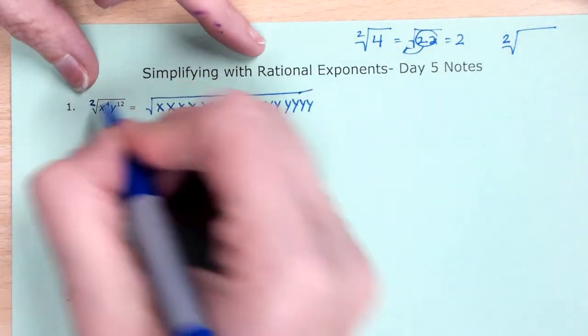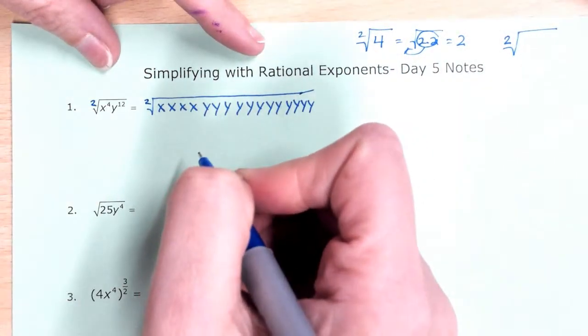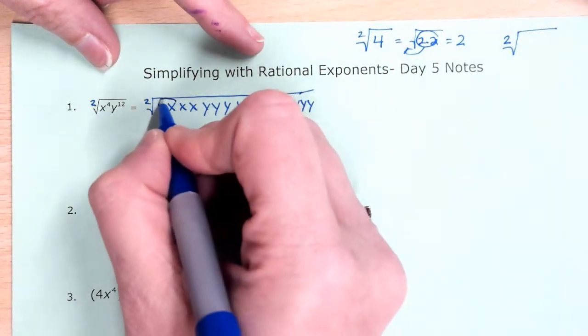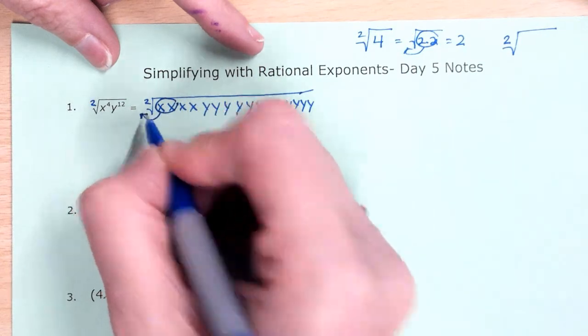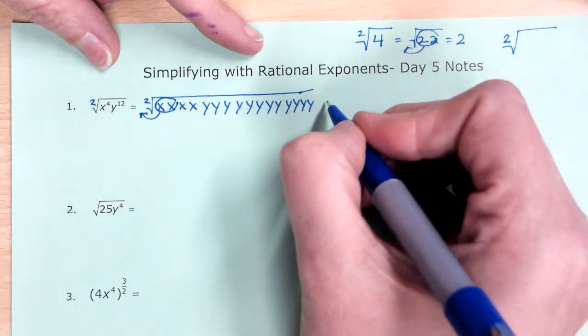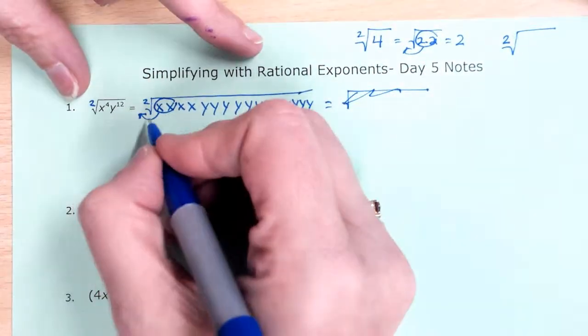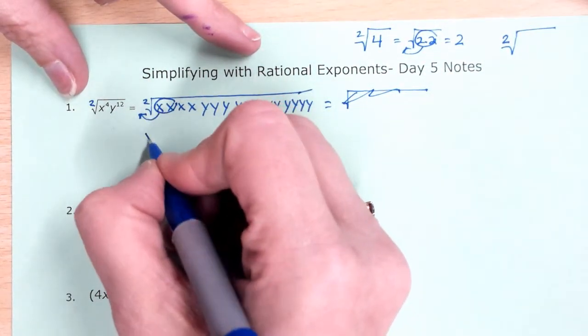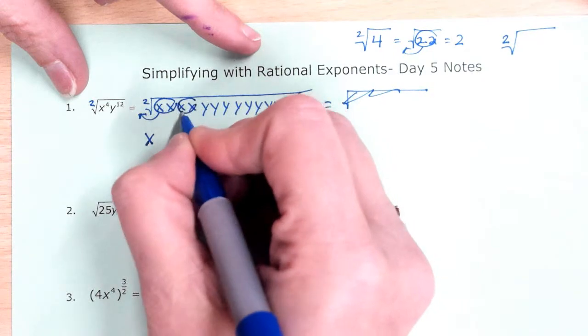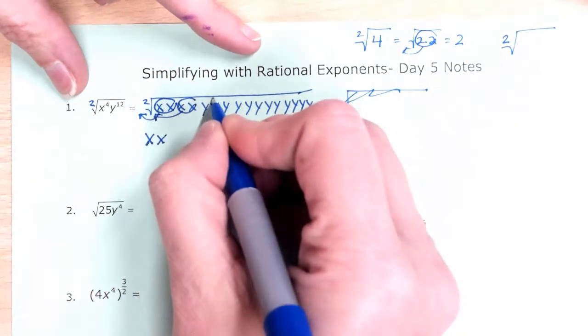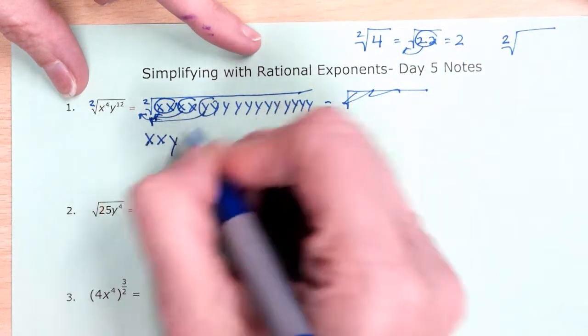Since this isn't a cube root, that means I can group up 2 of these and take them outside the radical. When they come outside of the radical, it's like a 2-for-1 exchange. So 2 inside is 1 outside. I can take these 2, and that's an x. I take these 2, that turns into a y.